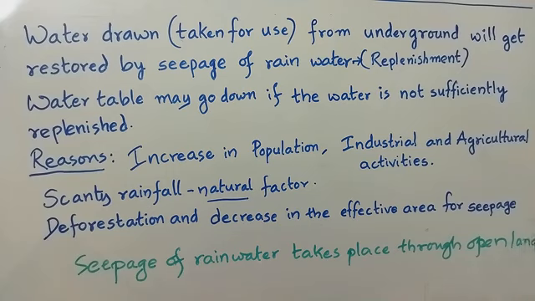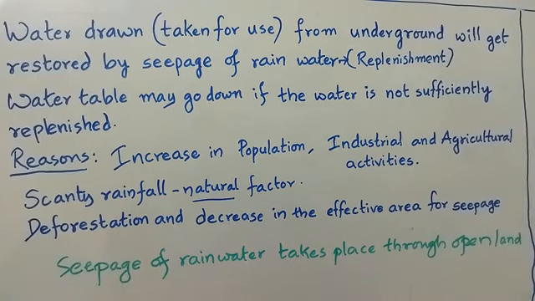So when open land gets decreased, automatically the seepage of rainwater gets decreased.